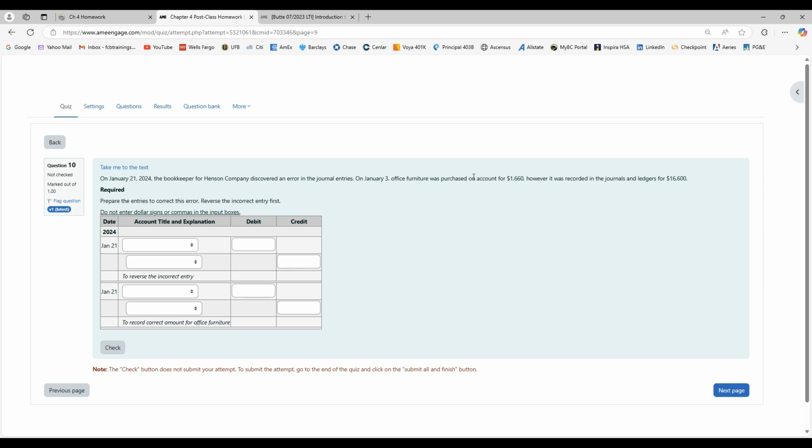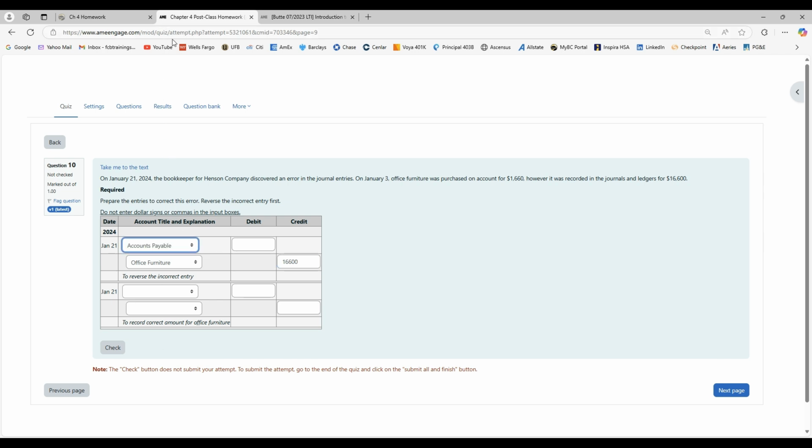We bought it on account, so there's a payable, some sort of liability associated with it, and it was office furniture, so it was an asset. My mind goes directly to reducing our asset for $16,660. That's going to reverse this original incorrect entry.